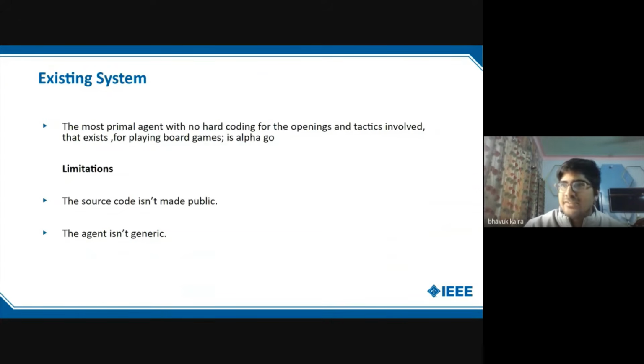For the existing systems, I'd like to take you back to 2018, when Google DeepMind came in with its state-of-the-art AlphaGo. AlphaGo is a very advanced reinforcement learning algorithm that could beat even the highest-rated chess engines that we had, like Stockfish. But the limitation was that the source code was never made public.